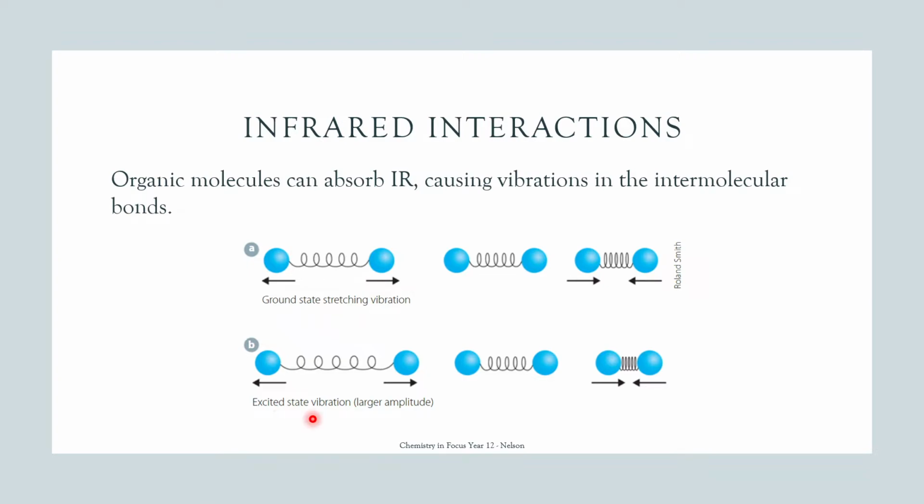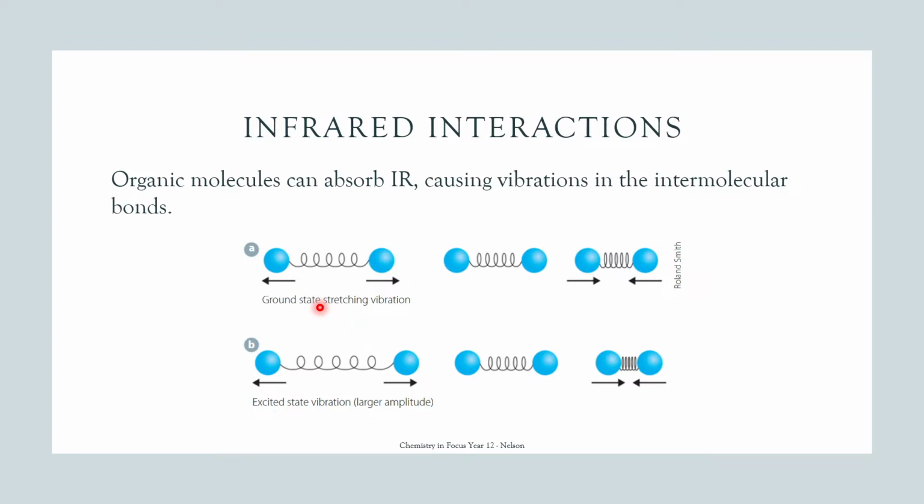So when looking at infrared waves, what we're looking at is how those waves can cause vibration in the bonds between atoms. Now, for an organic chemical, and any chemical, as long as we're not operating in absolute zero temperature conditions, there is always going to be some amount of vibration between atoms. This is just something that naturally happens because there's energy all around these molecules at all times.